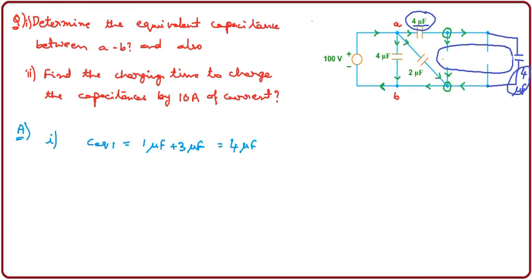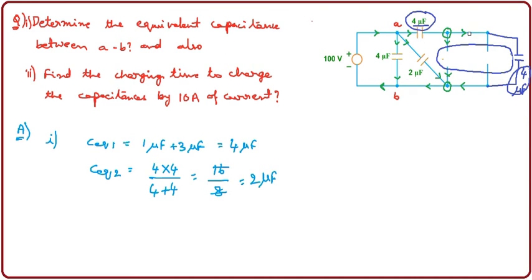According to the series combination of capacitances, it should be 4 microfarad into 4 microfarad divided by 4 plus 4, which is 4 4s are 16 divided by 8, which is 2 microfarad. So in place of these two capacitances, now we have only one capacitance.